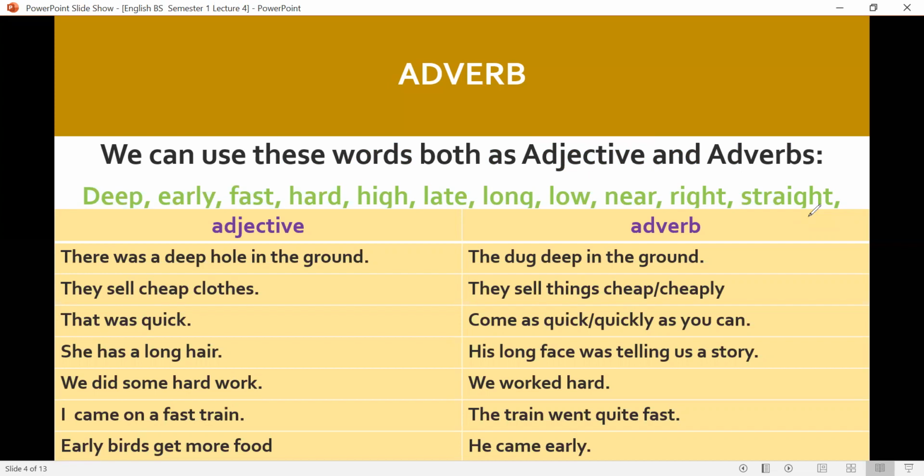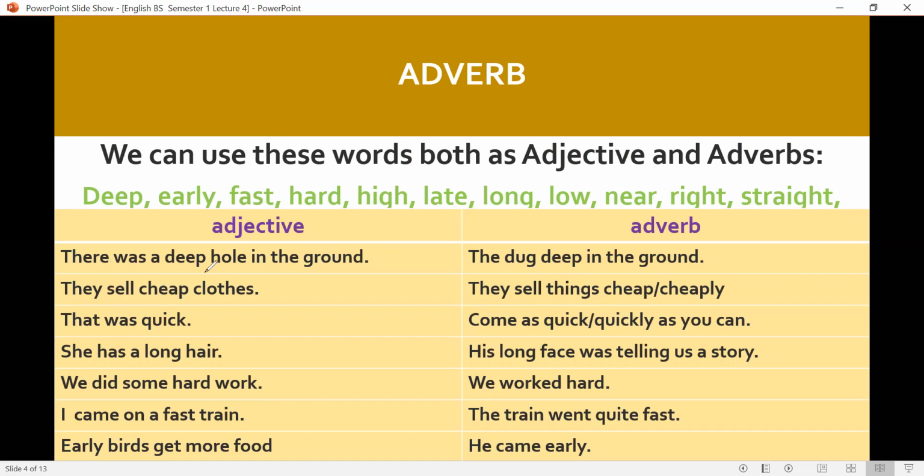If you are using the word to qualify some adjective, some verb, or some adverb, it will work as an adverb in the sentence. And if you are using the word to describe a noun, then it will be an adjective. Their function as an adverb or as an adjective depends upon the function which these words are doing in the sentence.